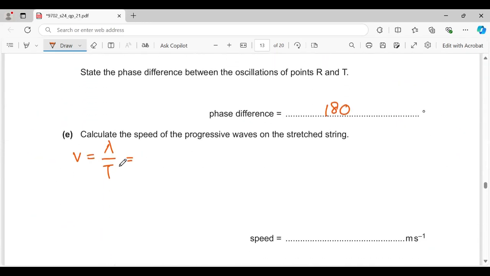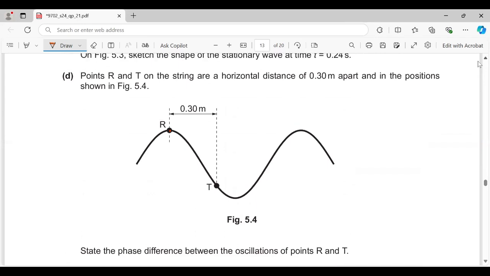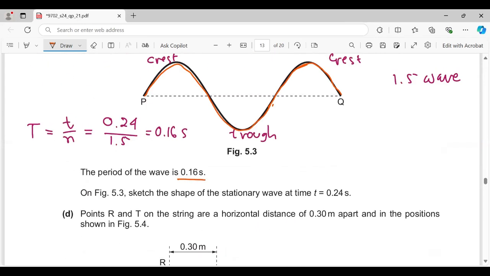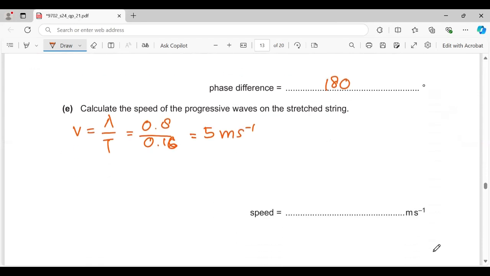So 0.8 over 0.16. If you divide, it is 5 meters per second. So listen here, speed equals 5 meters per second.